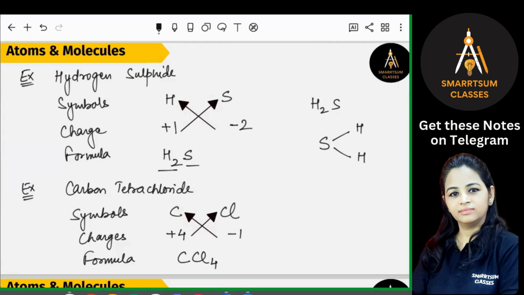Why is it so? Because sulfide ions have 2 extra electrons. That is the reason it has a -2 charge. And each hydrogen atom has a deficiency of 1 electron only, right? So 1 electron is given to each one of these hydrogen ions. Is that clear? Because hydrogen needs only 1 electron to complete its outermost shell, right?